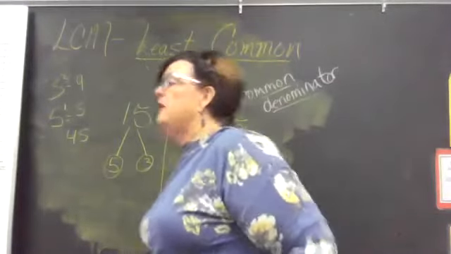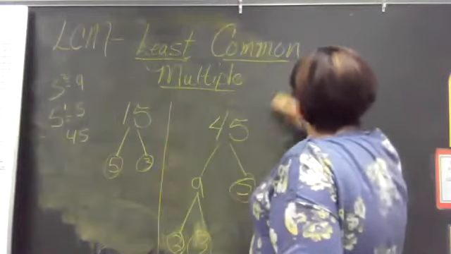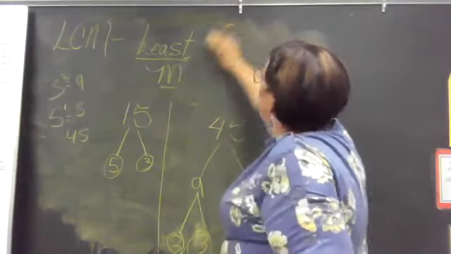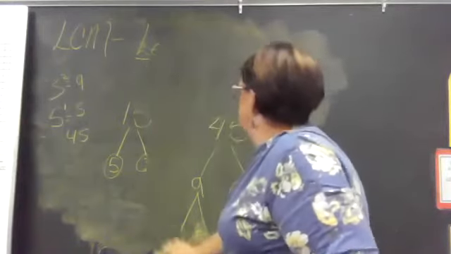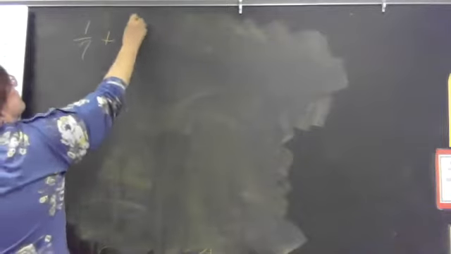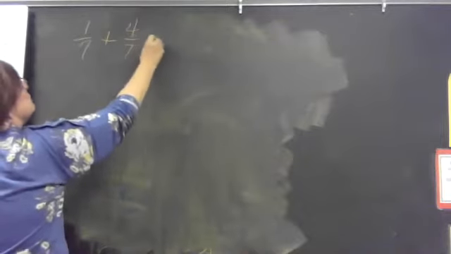So let's add some fractions. Now, when we add fractions, this least common multiple will come into play. Now, what I'm going to do is take us back to grade school. If somebody gives me a problem and it's written horizontally, let's go 1/7 plus 4/7 equals.